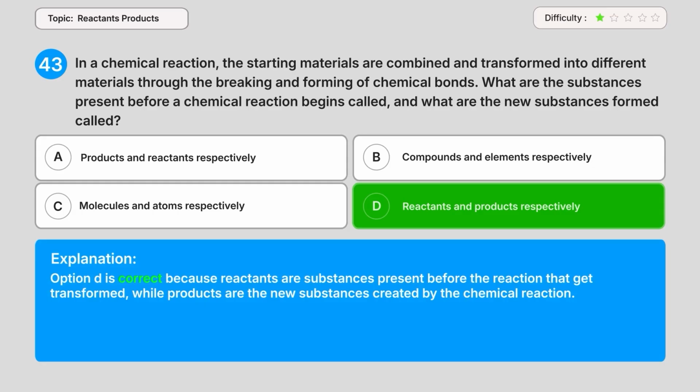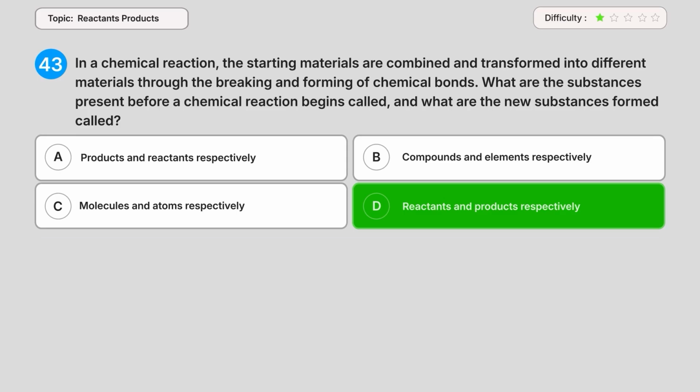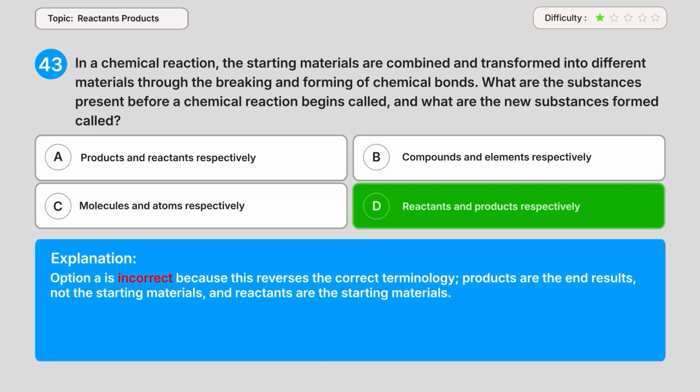Explanation. Option D is correct because reactants are substances present before the reaction that get transformed, while products are the new substances created by the chemical reaction. Option A is incorrect because this reverses the correct terminology. Products are the end results, not the starting materials, and reactants are the starting materials.